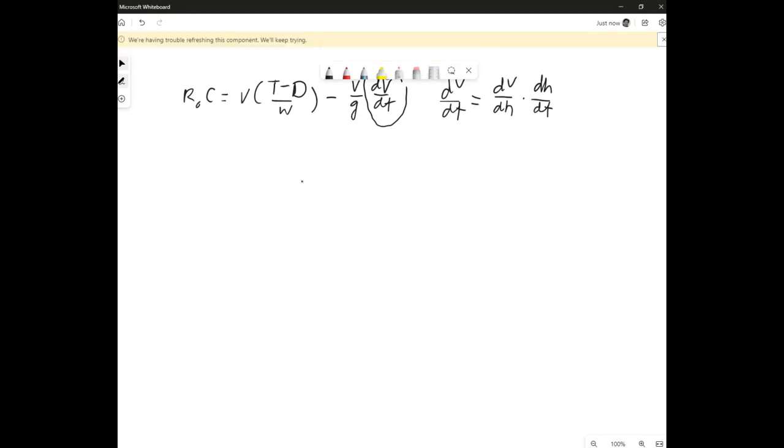You agree? Right? So then I could rewrite that rate of climb is equal to (V T minus D) divided by W, minus V over g times dV/dH times dH/dt.